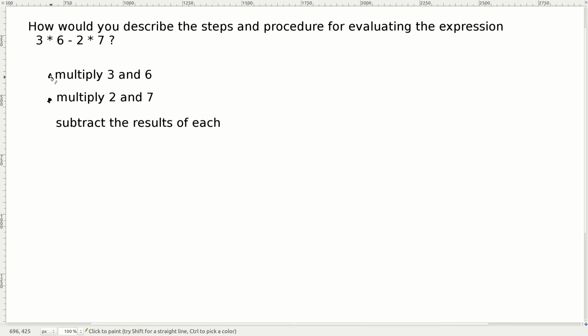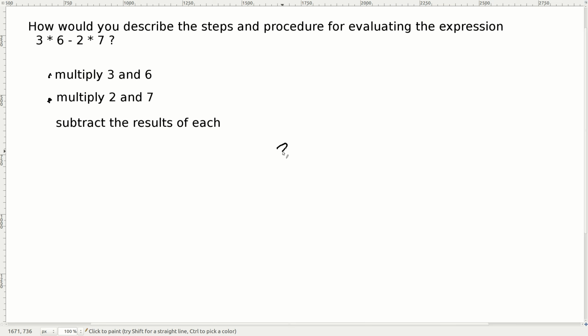To be able to get the final value of the expression, I need to do both of those sub-expressions first before I can do that last step of the subtraction. So there's a relationship here. There are some sub-things from some outer thing, the whole expression. And that's what trees can be useful for.